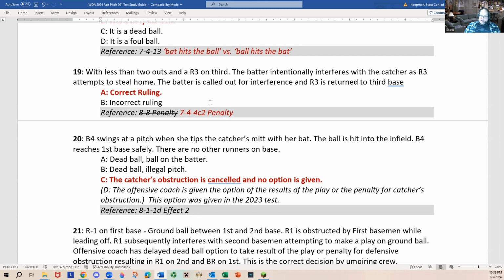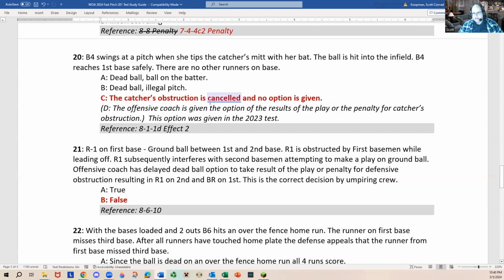Well, it's not Rule 8-8 penalty. It's 4-4-4-C2 penalty. Yes, the batter intentionally interferes. We have an immediate dead ball. The batter is called out for interfering, and R3 has to go back to third, does not get to steal home. That's correct ruling.